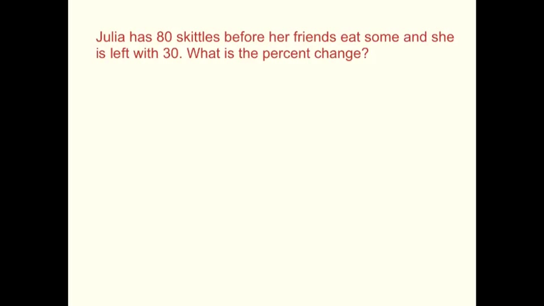So the percent of change that we've already done was a percent increase because Ari went from 20 M&Ms to 50 M&Ms, so his M&Ms increased. Now Julia is going from 80 Skittles to 30 Skittles. So her amount of Skittles is changing by 50 Skittles, and the original amount of Skittles is 80.